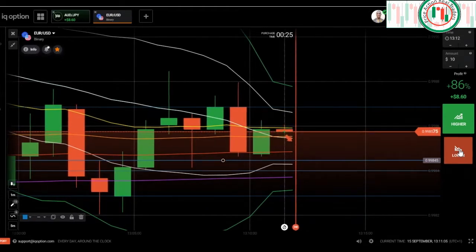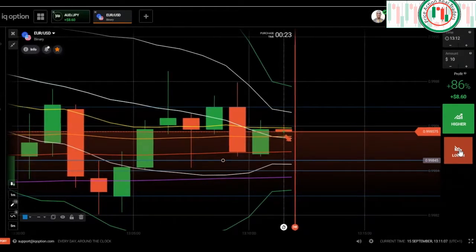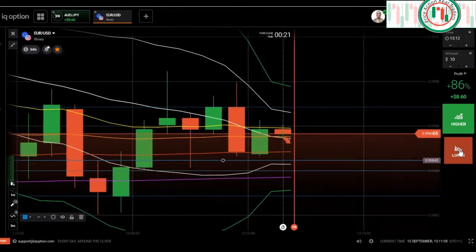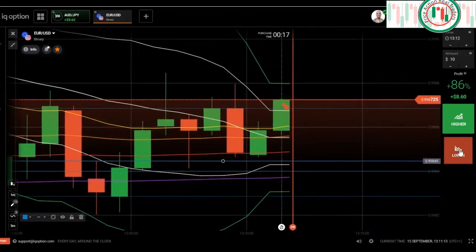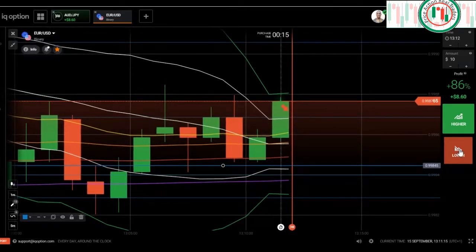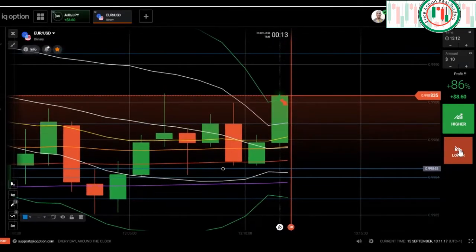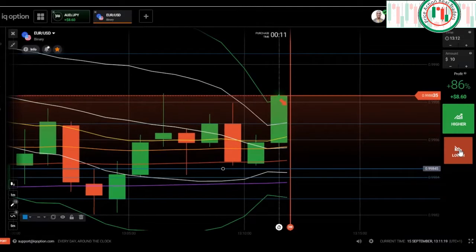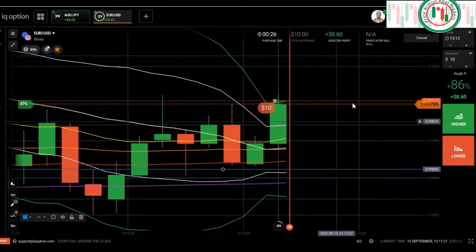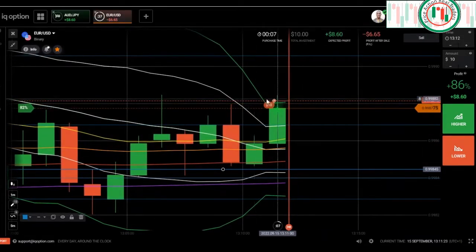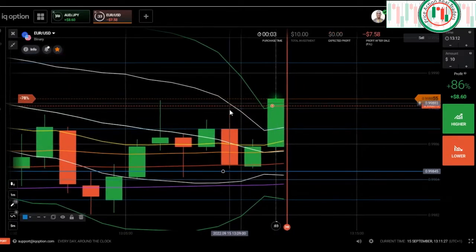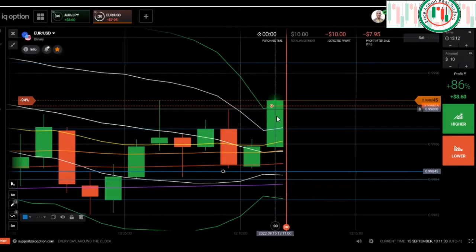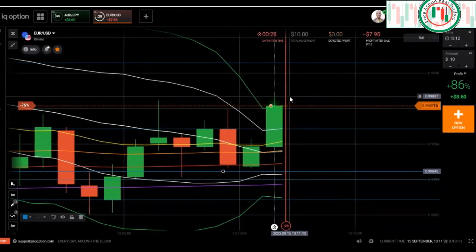I'll place my trade with marginal of safety. Rejection. You see strong entry. I'll place put option here with marginal of safety. So I know definitely because of this zone, market must close below my entry point.